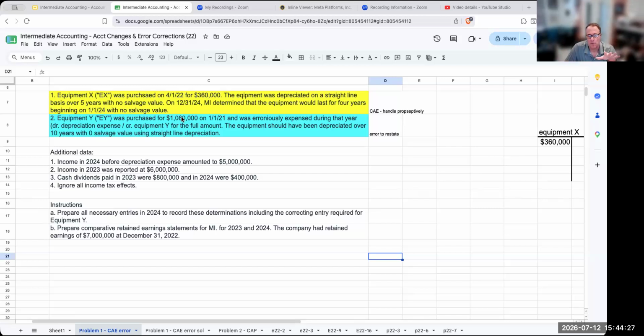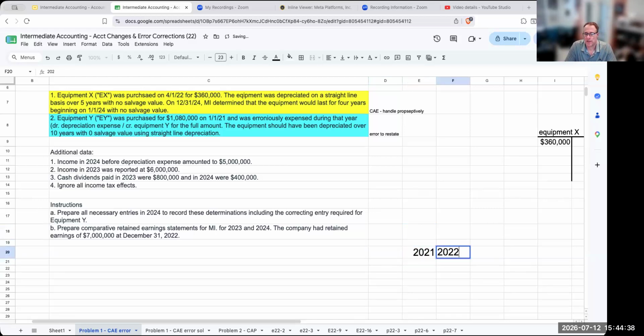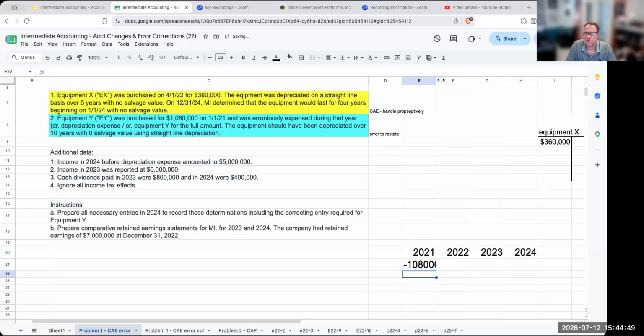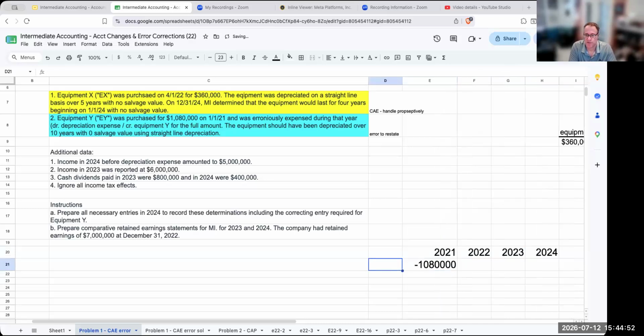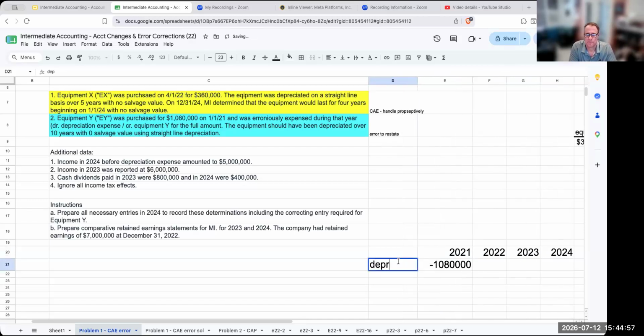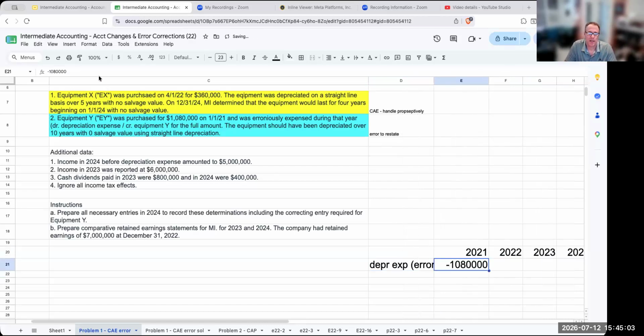So when I look at this, I've got 2021, 2022, 2023, and 2024. In 2021, I took a hit to the depreciation expense. This is my error, which was $1,080,000.